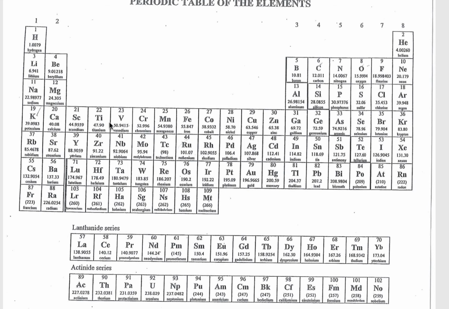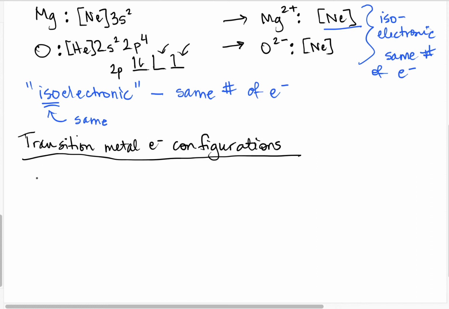So we have 6 electrons in the 3d subshell. So neutral iron had an argon core, and then it had 4s2, 3d6.